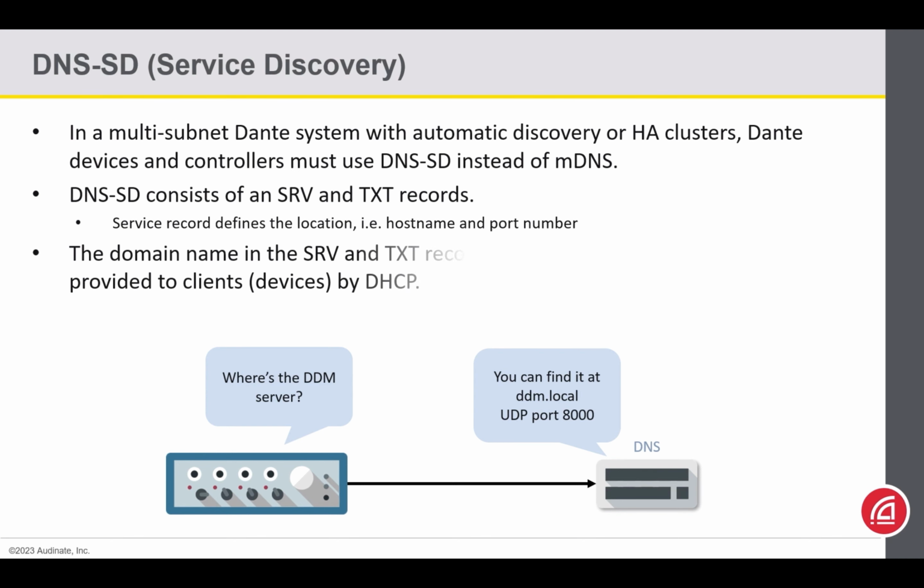Since the domain was set up in the DHCP server with a path to the DNS server, when the devices come online, they query the DNS server for the location of the DDM. In our previous step, we described how the FQDN for the DDM is set up in the DNS server. The DNS server responds with the location of the DDM server, and the devices are discovered by the DDM.